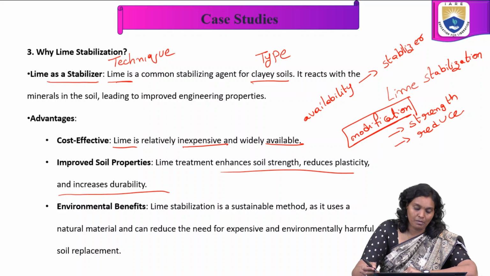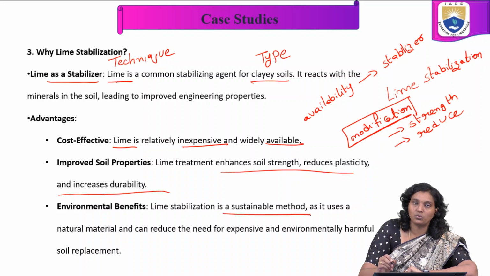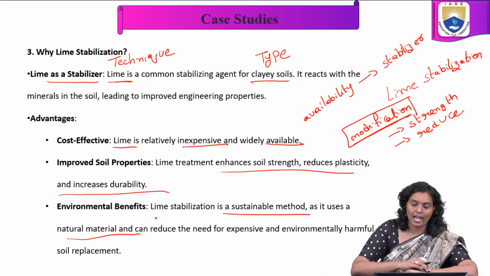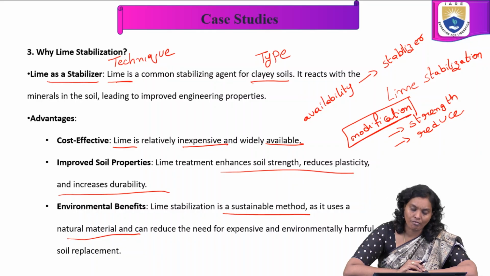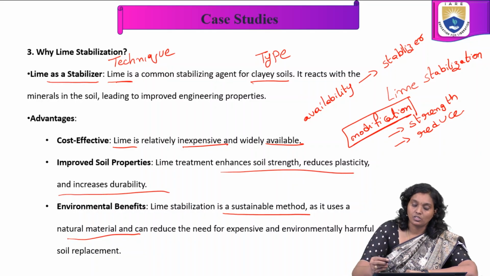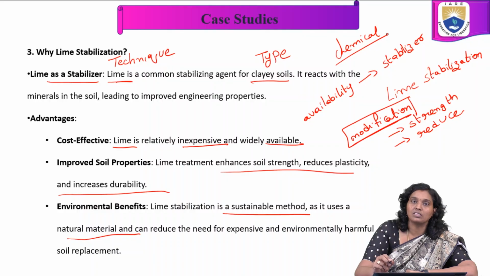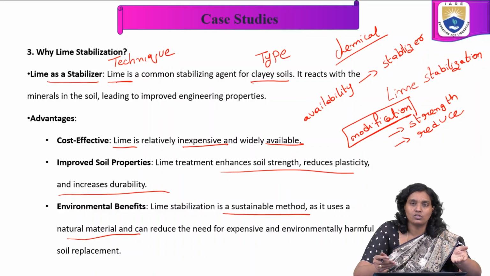In environmental benefits, lime stabilization is a sustainable method that uses a natural material and can reduce the need for expensive and environmentally harmful soil replacement. Whenever we are using chemicals, we have those kinds of concerns, because chemicals may affect the environment, the soil, and any nearby water.